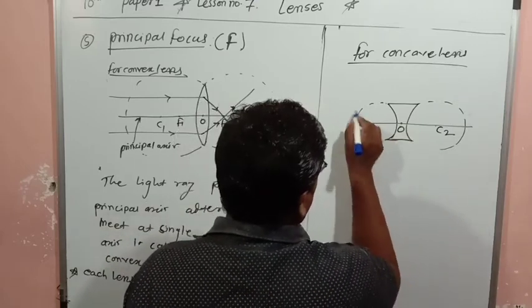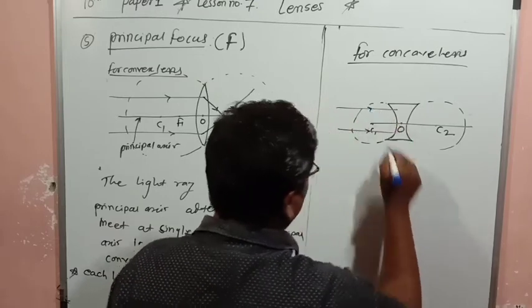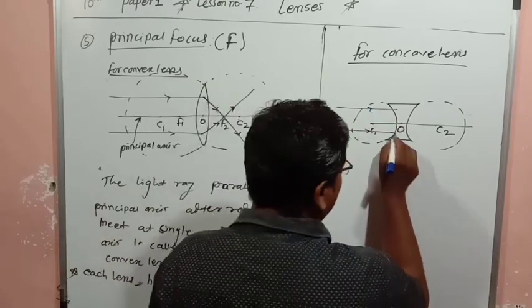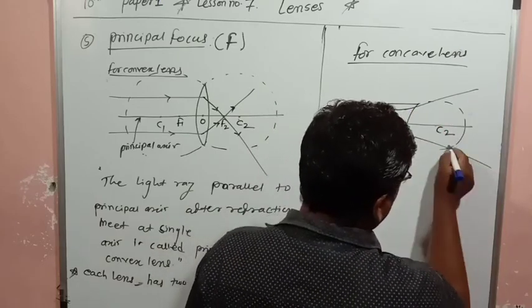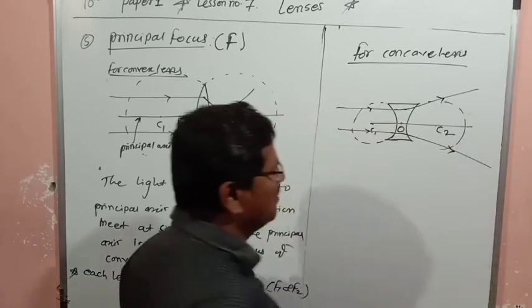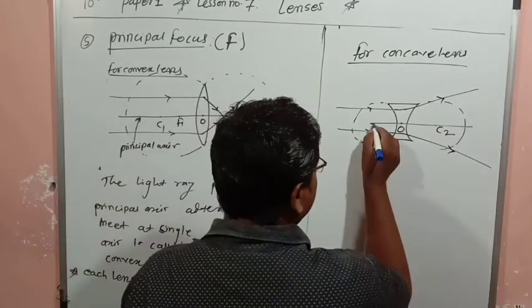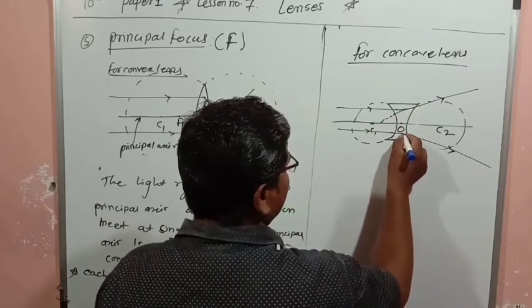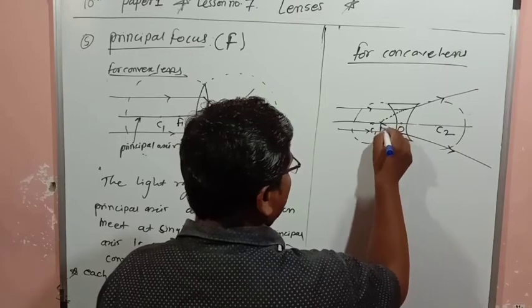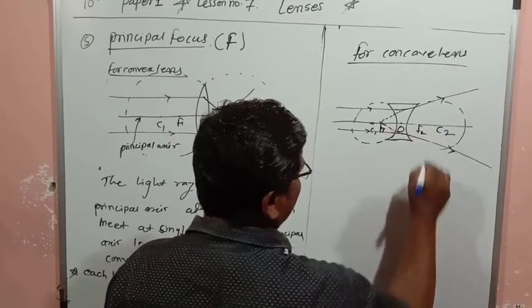So light rays which are coming parallel to the principal axis, after refraction they will get diverged, they will get separated, they will move apart. But if you extend them backward, they will meet. Suppose here F1 is there and here F2 is there.